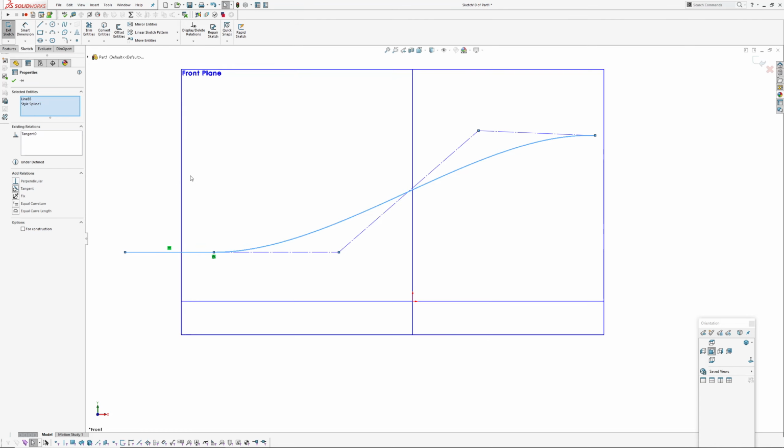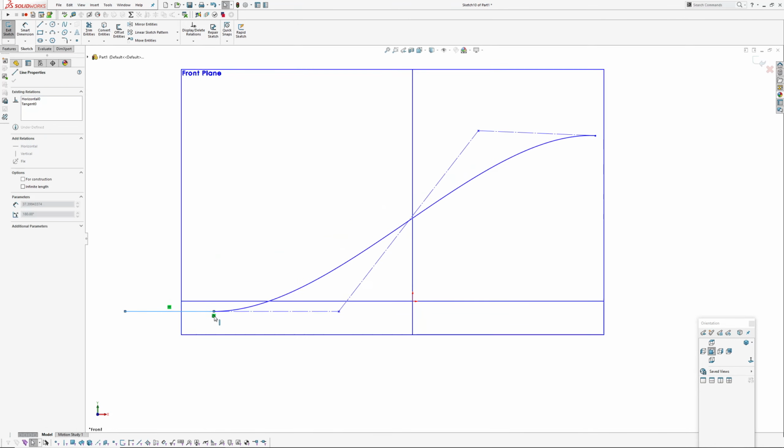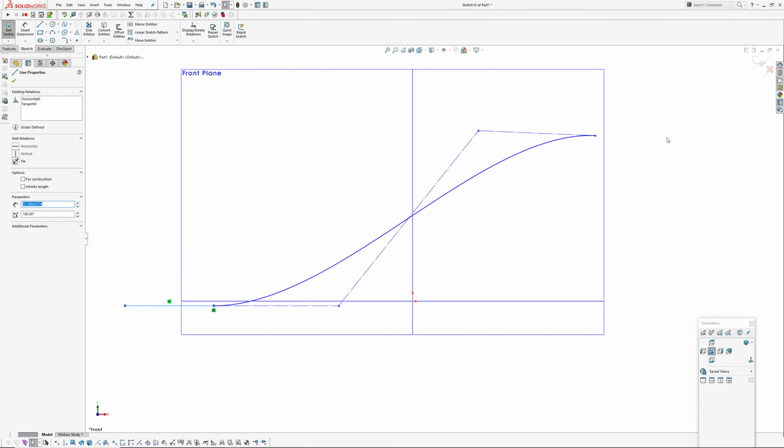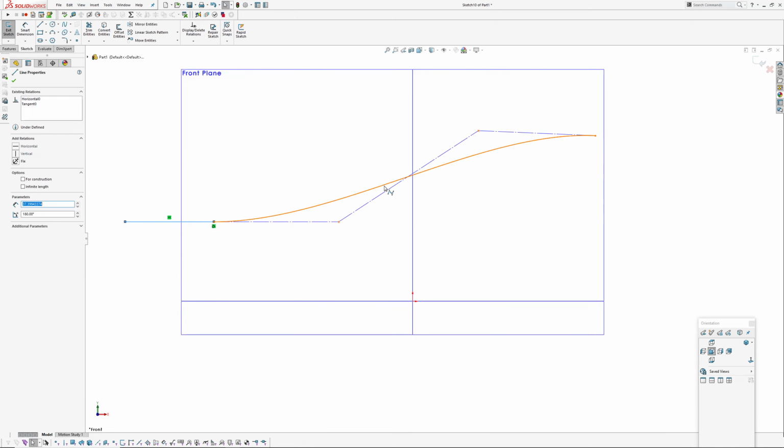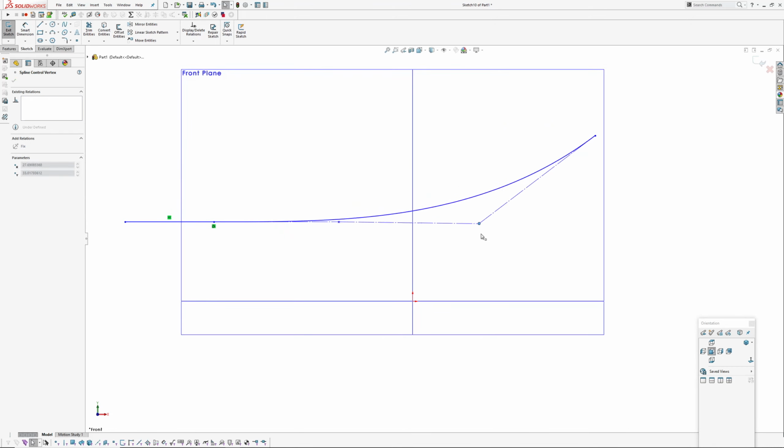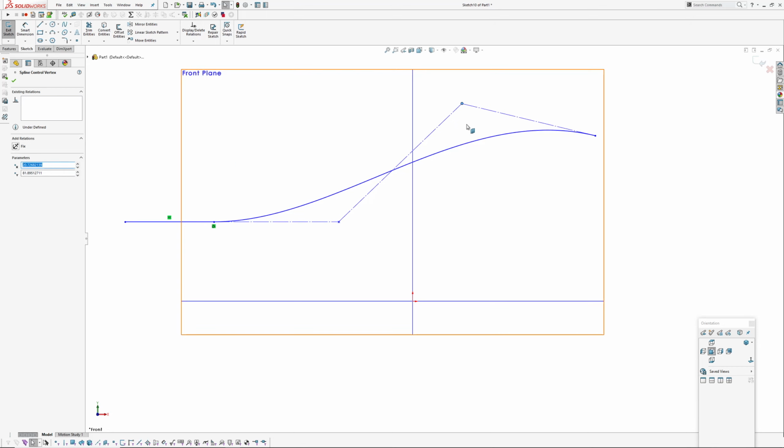So I can go tangent, and this can move around, and the control points on the other end do not move. So I can create another tangent constraint on this end, which is independent from the other end. Okay, so if I move this around, the control points on the other end do not move.